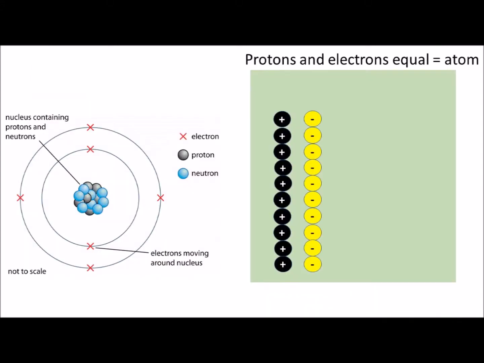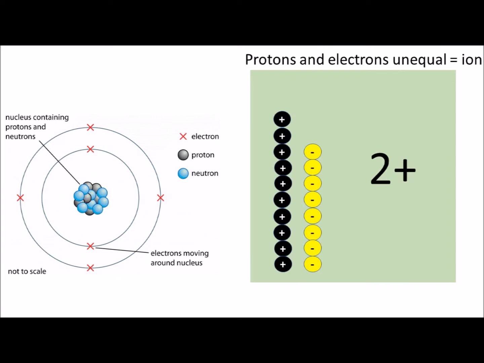In a chemical reaction, the number of electrons in the outer shell can change. Now, in an atom, the number of electrons must equal the number of protons, so that the total charge is 0. An atom that loses or gains electrons becomes an ion and it has a charge. This atom has lost 2 electrons, so it will have 2 more positively charged particles than it has negatively charged ones.